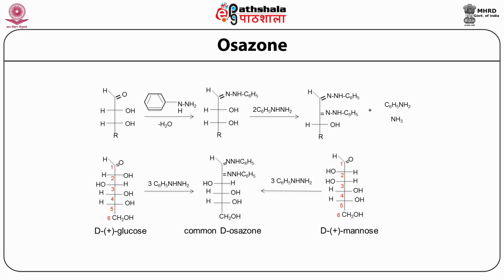For example, glucose gives broomstick or needle-shaped crystals, while maltose will give sunflower-shaped crystals. And glucose, fructose, and mannose will all react the same way with phenylhydrazine and give the same osazone derivative.